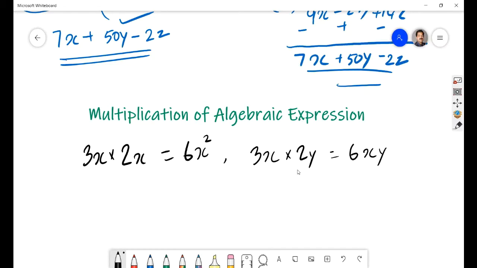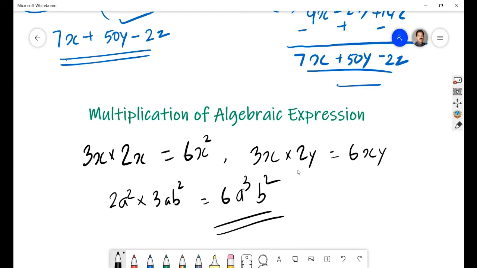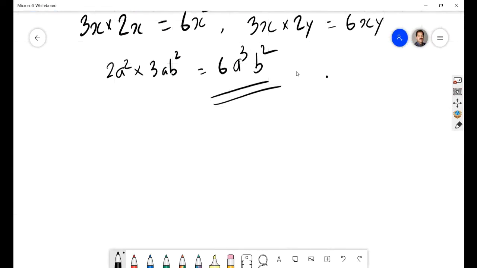Understood? If it is 2a square into 3ab square, the result will be 6a cube b square. It is as simple as that. But as I told you, the integers are to be taken care of. How to take care of integers? You should understand the conventional methods.